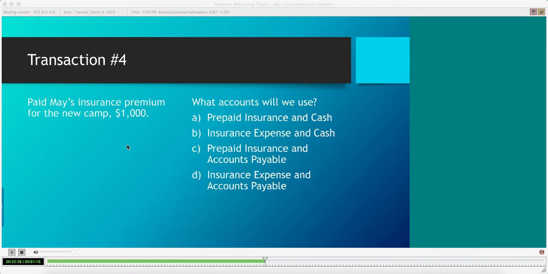Again, this is one of the most commonly missed ones. Great job. You're actually exactly correct. It's insurance expense. A lot of students see paid insurance premium, so they automatically assume it's prepaid. But we paid 6 months in April, so we're not paying any more now.